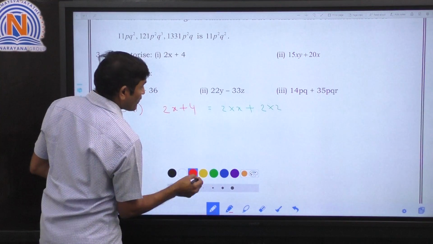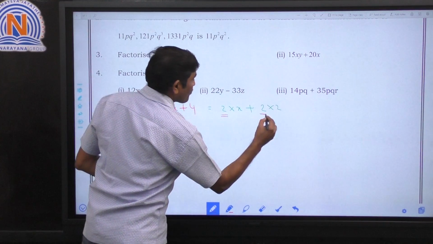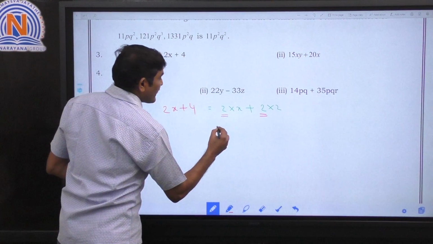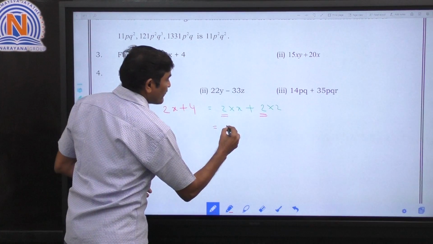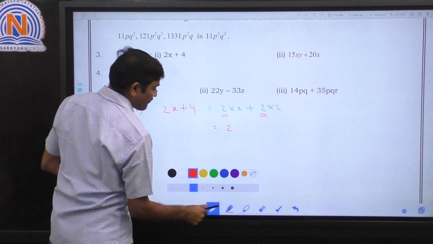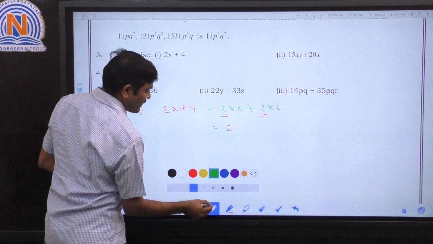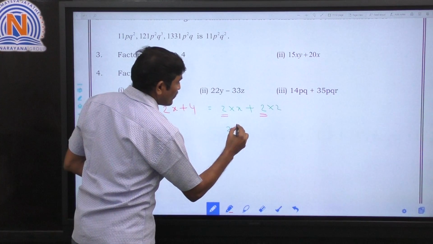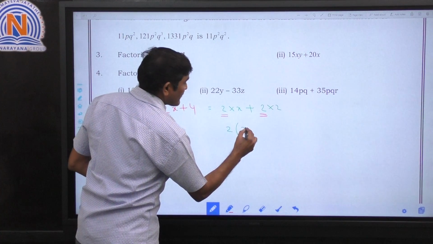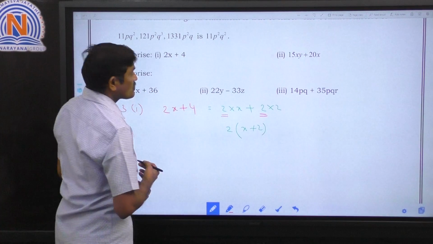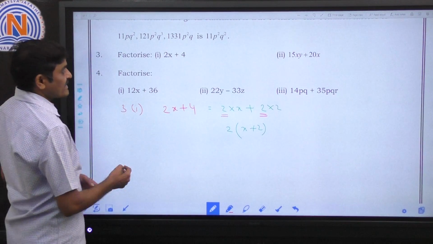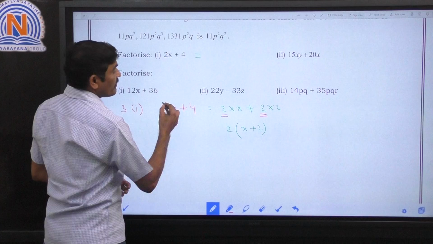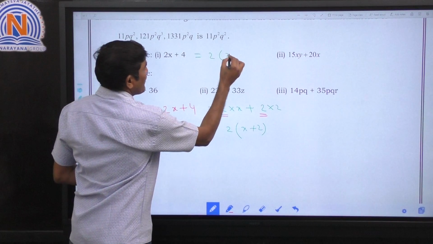Here 2 is the common factor. So by the distributive property, you can write 2 into x plus 2. So the factorization I got is 2 into x plus 2.